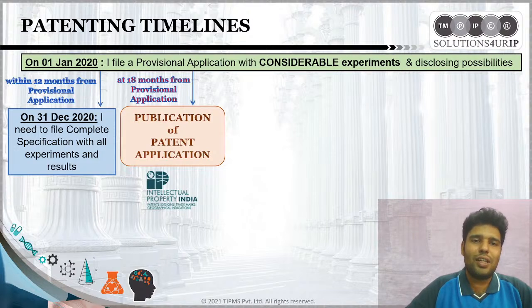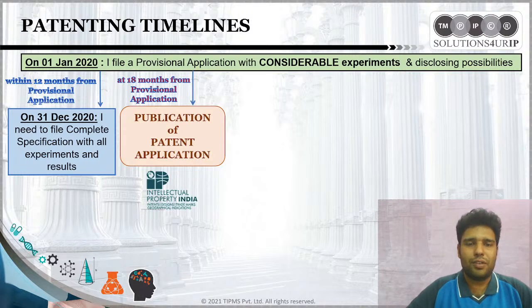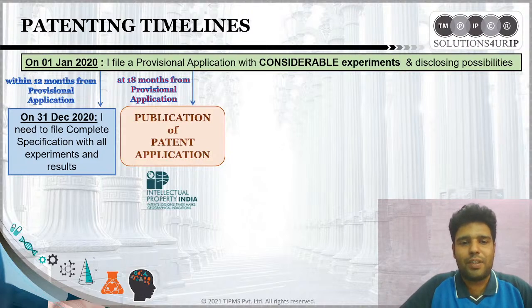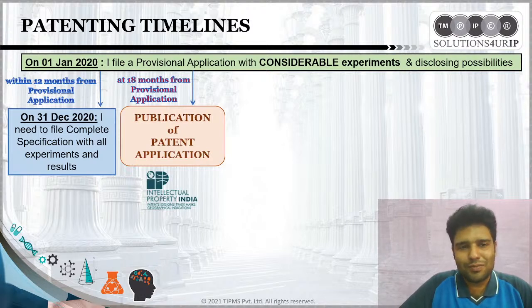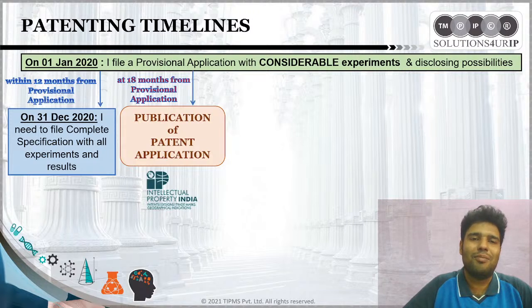It is the duty and obligation of the government, executed through the patent office as a representative of the government, that the government will publish your patent application for sure, and that publication happens within 18 months of provisional patent application, or within 6 months from filing the complete specification if you have filed the complete specification at the 12th month. It is not that within 6 months of complete specification, that is an incomplete statement.